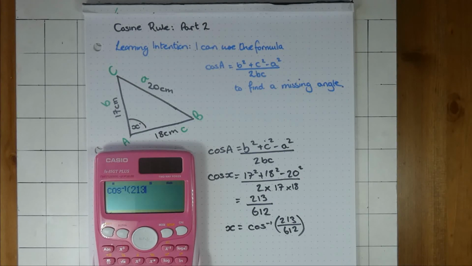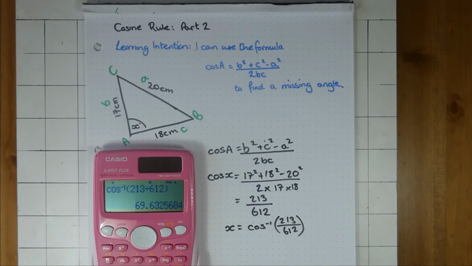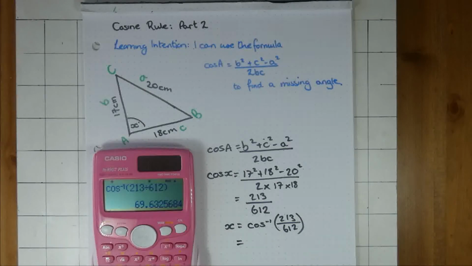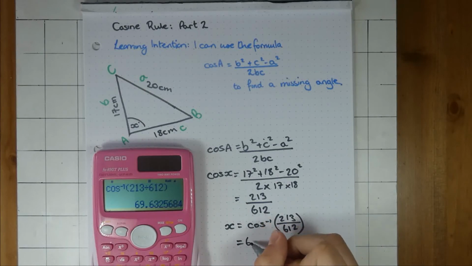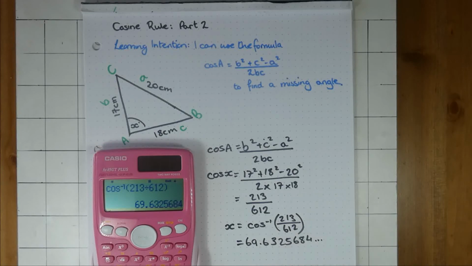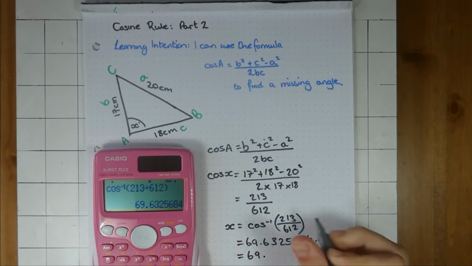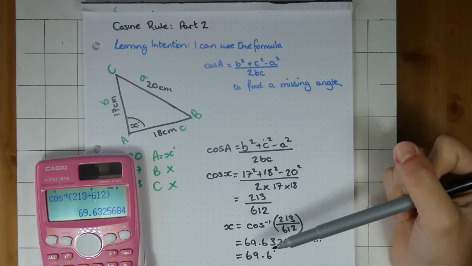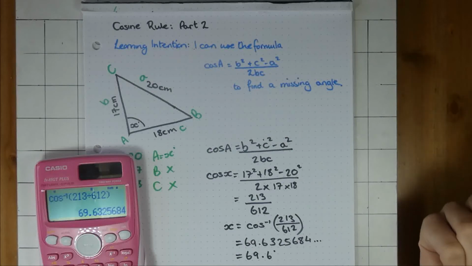Type in your fraction. Remember, you can just put it in as a divide, you don't have to put it through the fraction function. And you get out an angle, which you write down in full, even though it takes you longer. And then you get to round. So our answer for that angle there is 69.6.